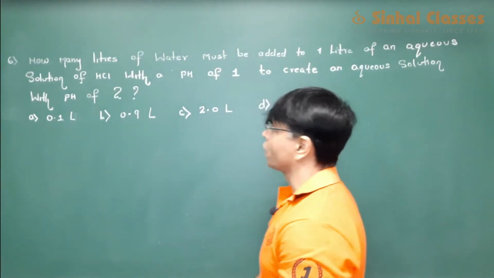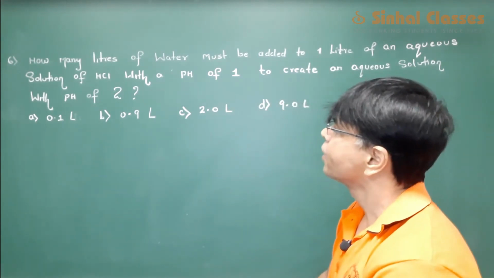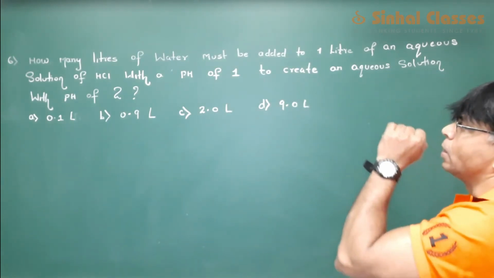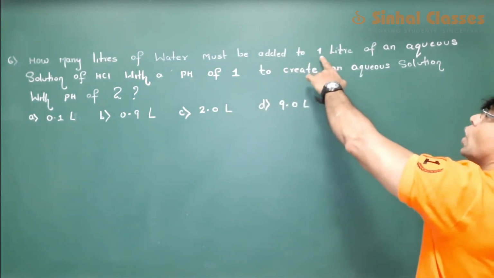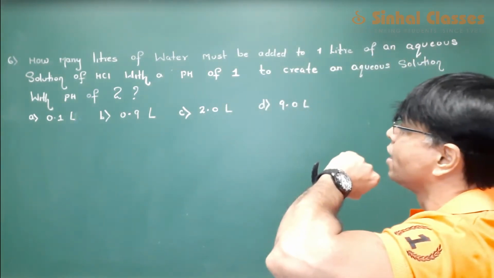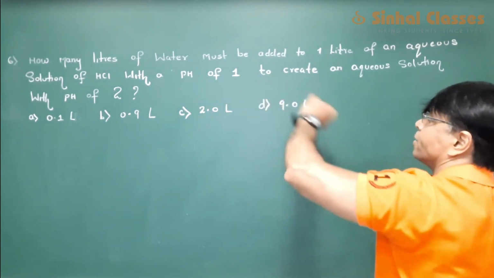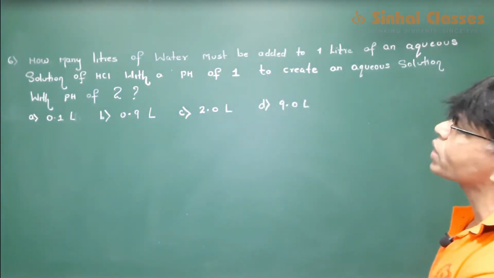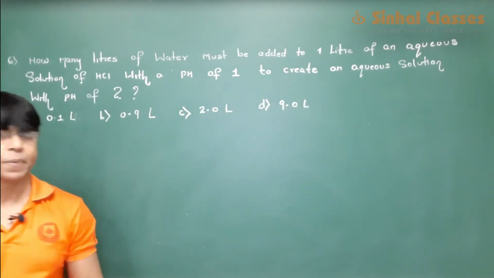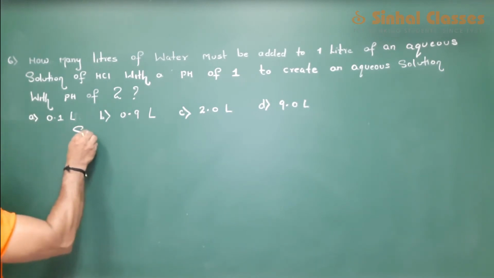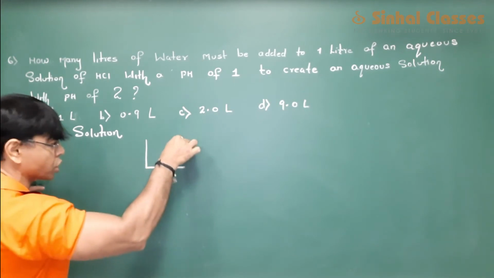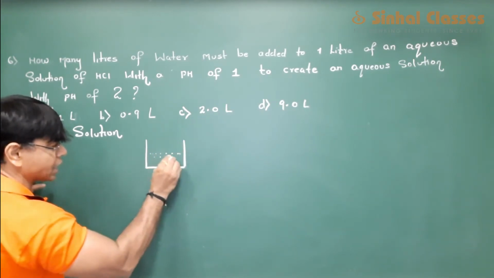Let's see one very important question now. It says, how many liters of water must be added to 1 liter of an aqueous solution of HCl with a pH of 1 to create an aqueous solution of pH 2? Oh, very interesting. So what are they asking for? They are telling you, look, there is a solution, there is 1 liter solution.